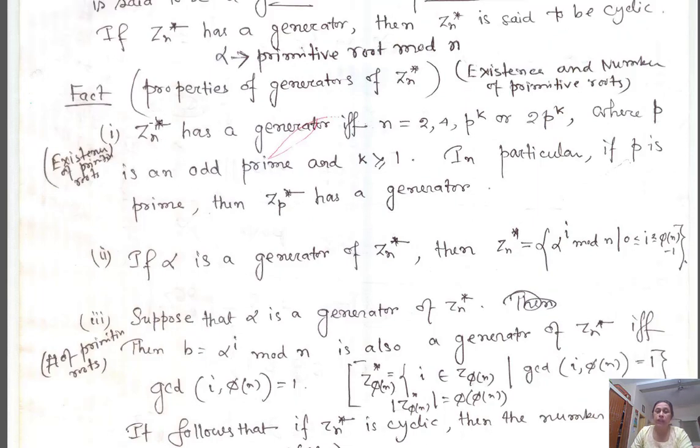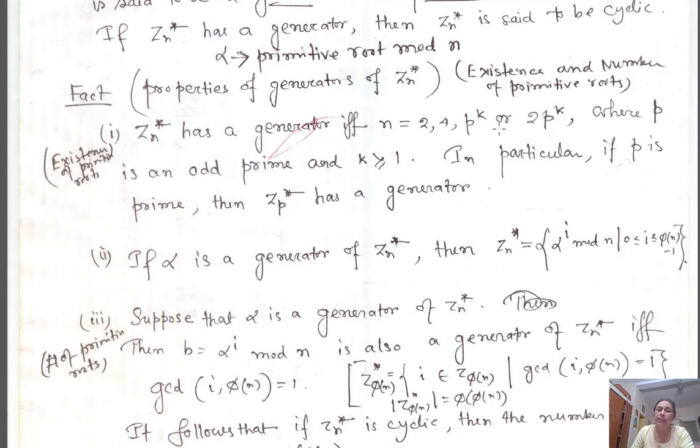So, under which restriction on n does this Zn star form a cyclic group? That means it has a generator. It has a generator if and only if the value of n is either 2 or 4, or an odd prime to the power k, or 2 times this prime to the power k. P is an odd prime, and k is greater than or equal to 1, some positive integer.